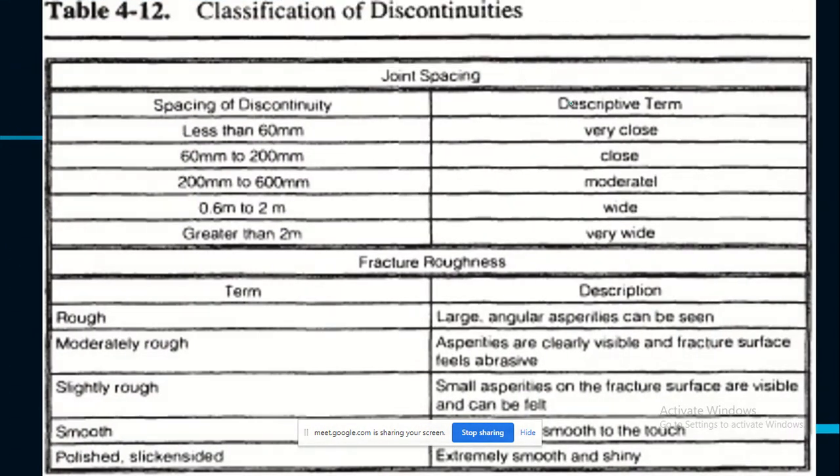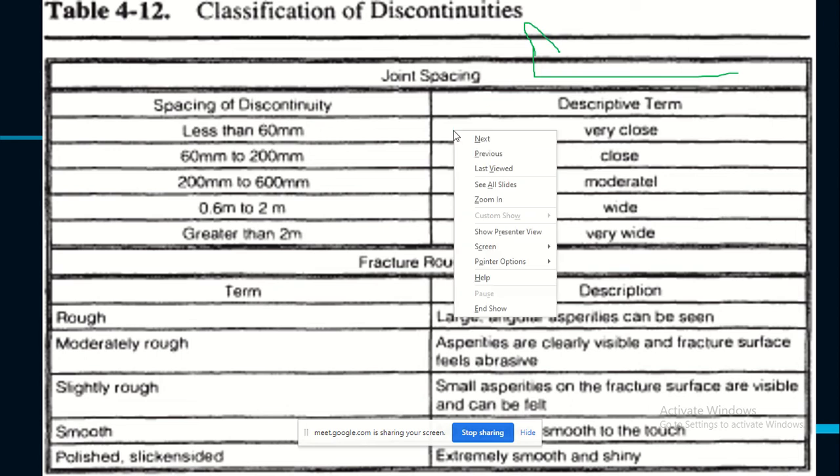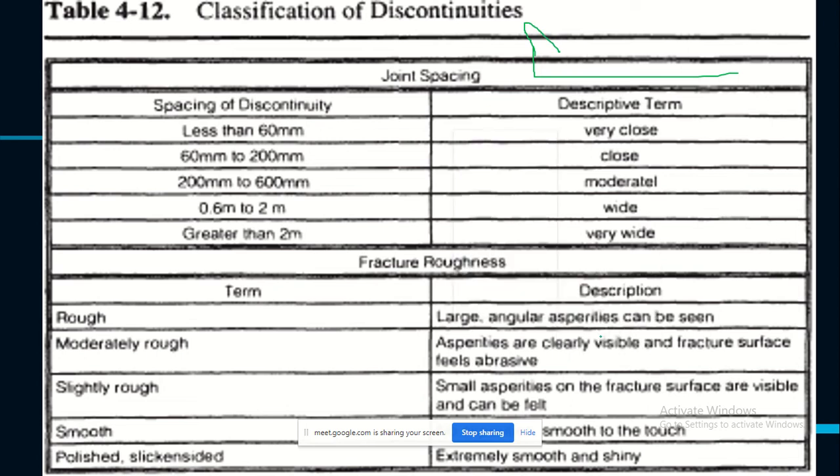Let me try to draw here for your benefit. If this is the rock mass, and you have several blocks like this, say the joints are like this, and then you have another rock block. This is block 1 and this is block 2.